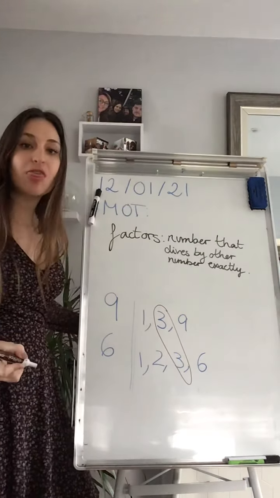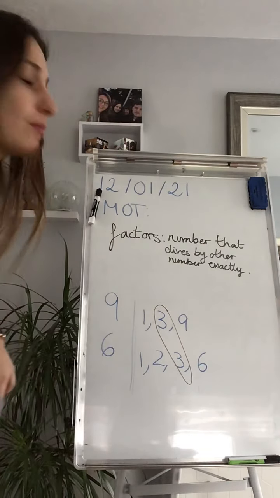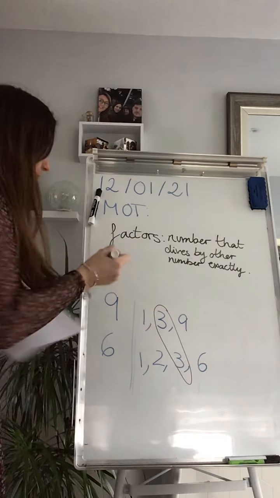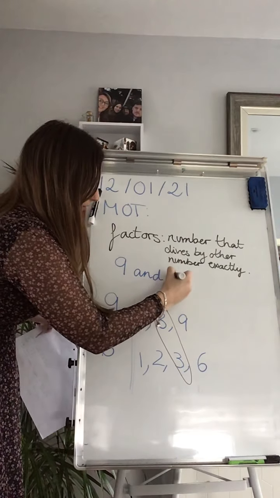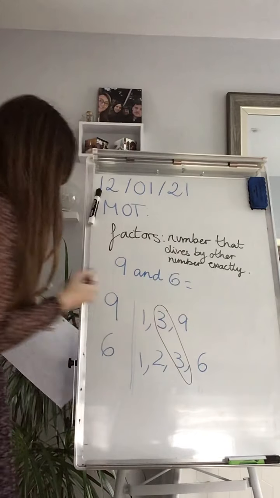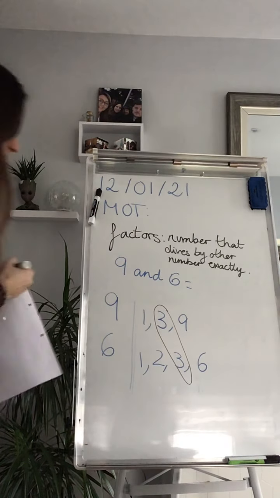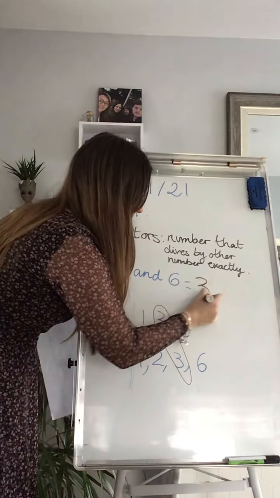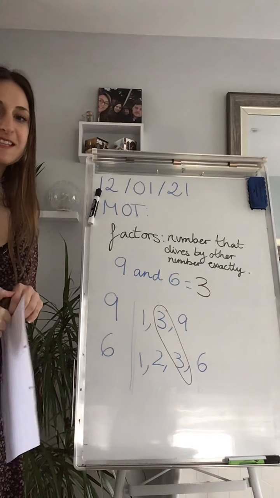It is 3. So I know that the common factor of number 9 and 6 is 3. Okay?